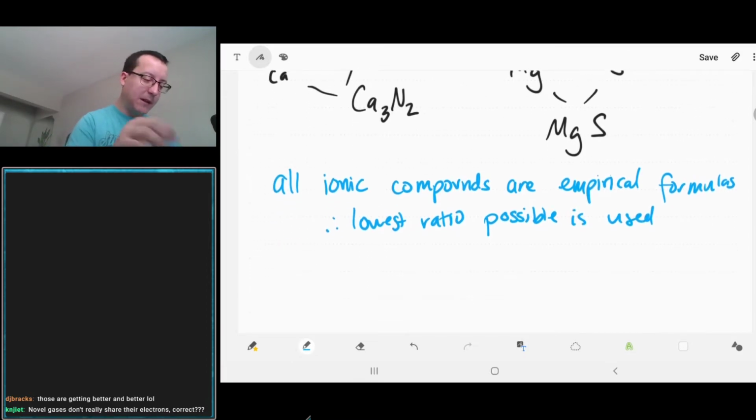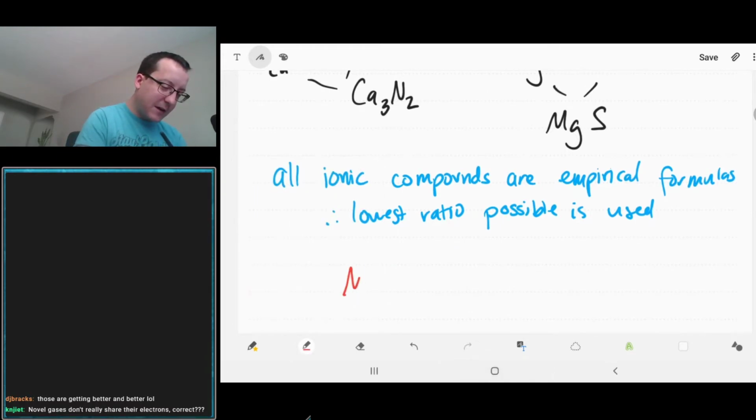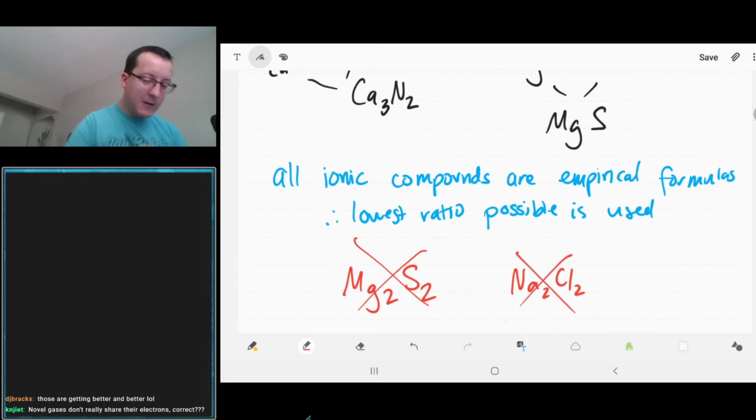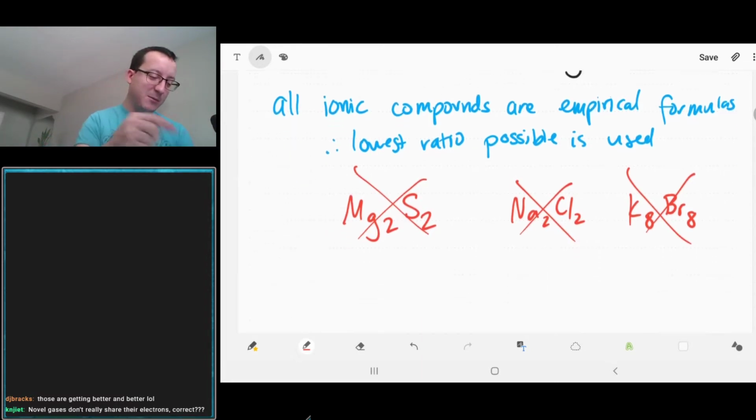So that means we will never see something like this. We're never going to see that. There's really no point to doing that. And we're not going to see that one either. We always want to use the lowest possible ratio.